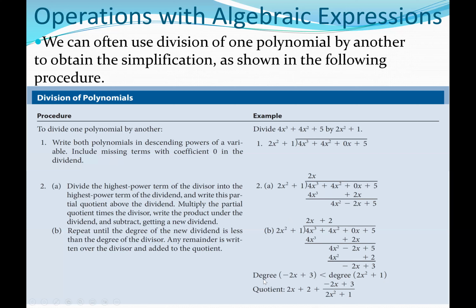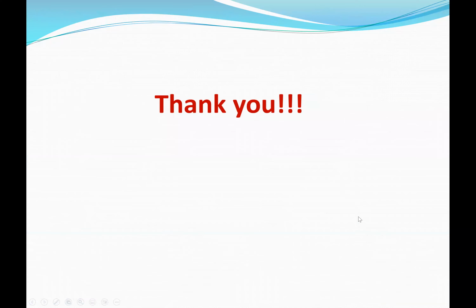So this means minus 2x plus 3 will be our remainder. So our final answer will be 2x plus 2, plus the remainder, minus 2x plus 3, divided by 2x squared plus 1. So that will be our final solution.